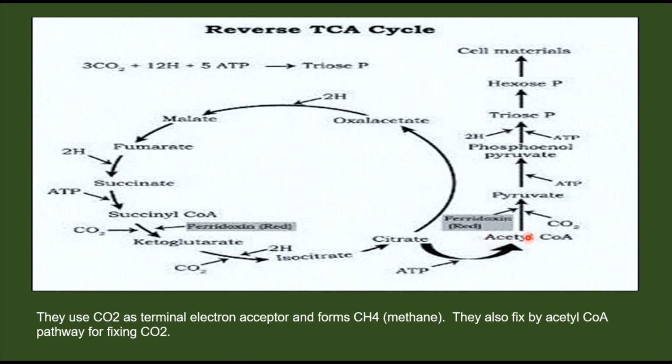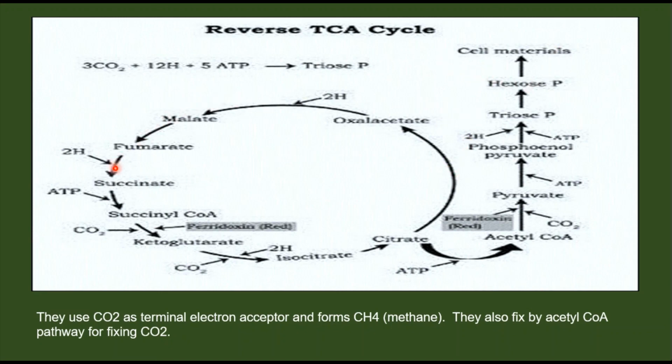However, this acetyl-CoA of the reductive TCA cycle produces pyruvate, which is converted to phosphoenol pyruvate and then into triose phosphate, and this converts into hexose phosphate, nothing but our glucose phosphate, which is ultimately used by the cell materials.